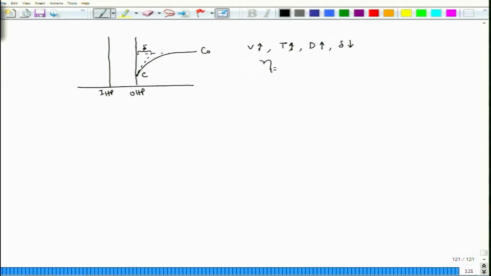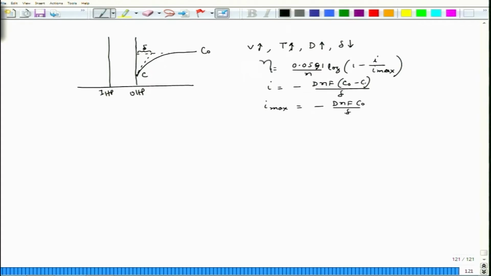polarization, the cathodic side, is 0.0591 by n log(1 minus I by I max). You could see that this I is also related to minus nFD (C0 minus C) divided by delta, and I max is equal to minus nFD C0 by delta.